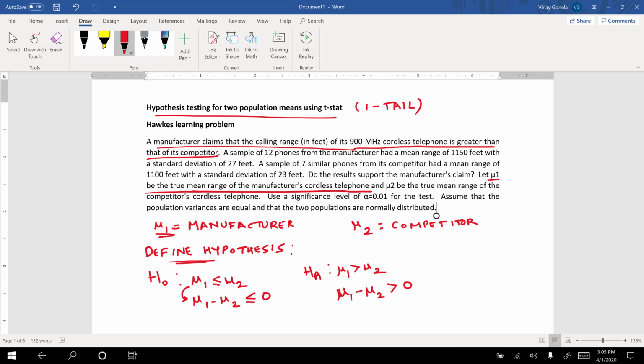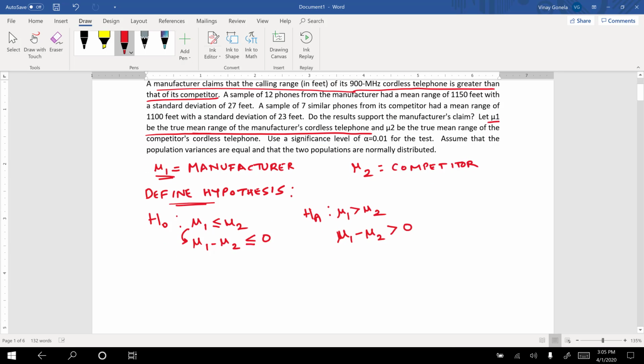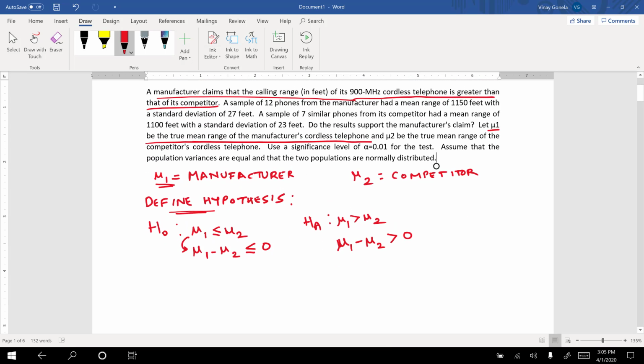Once we define our hypothesis, the second step is the data that is given. We will take that data and copy it. So let's see what the data says. We have the manufacturer's data, and then we have the competitor's data.